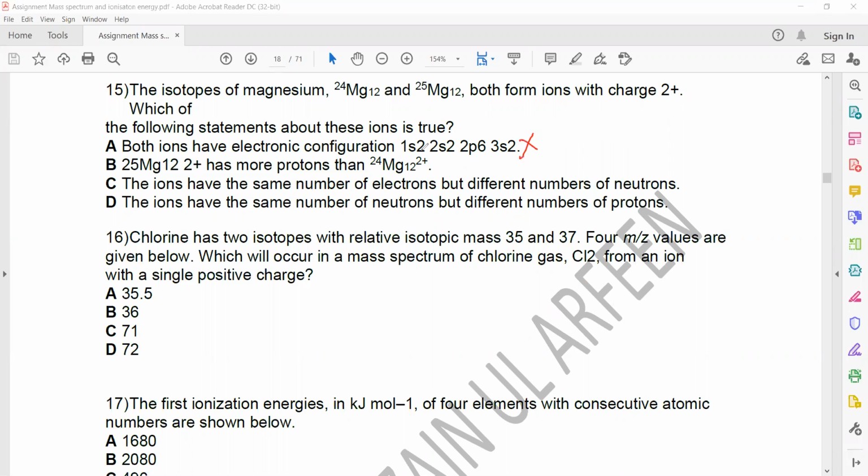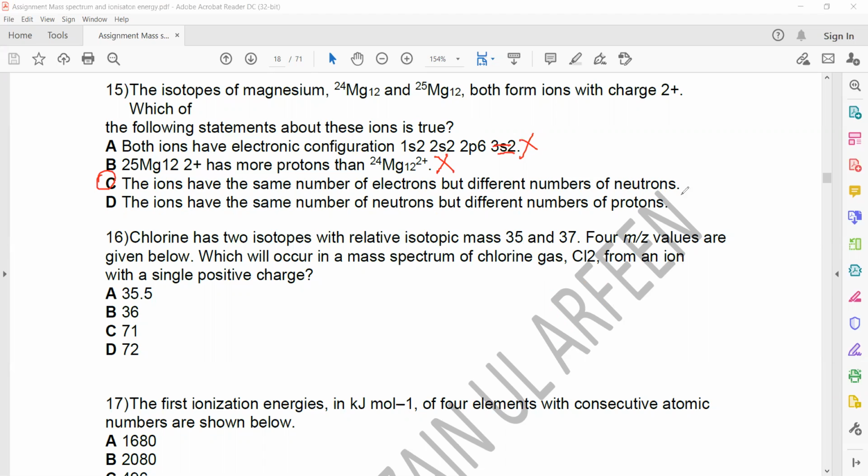So they don't have this electronic configuration. It should be 1s2, 2s2, 2p6. Magnesium 25 and 12 has more protons, so they don't have an equal number of protons. That's also wrong. Ions have the same number of electrons but a different number of neutrons. Yeah, that's true because these are isotopes. So C is the right answer.